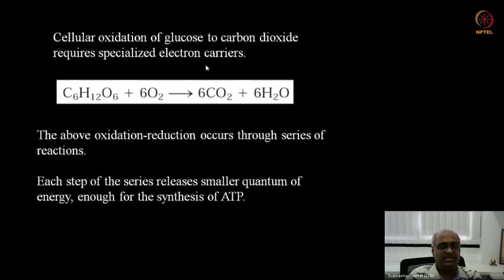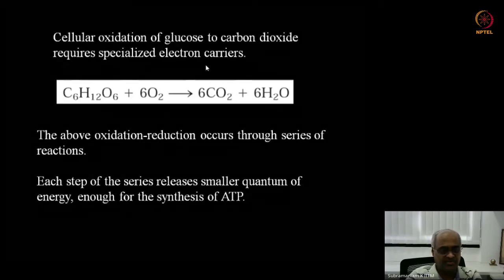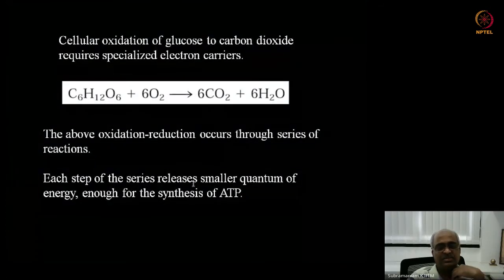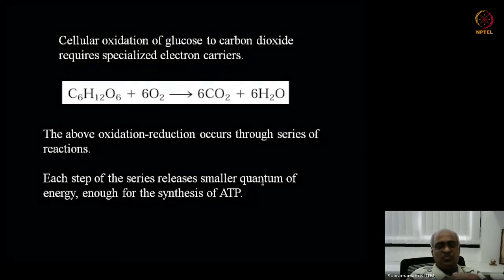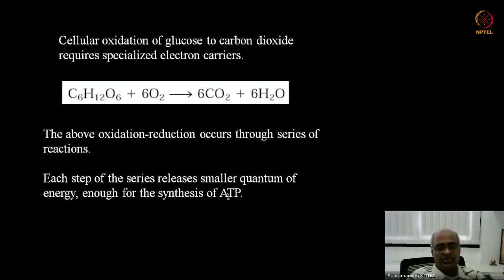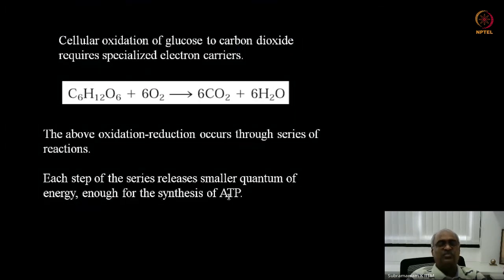So this is a new idea. There are things called electron carriers. Today we will see one example as we go through. The above oxidation, once more I am reiterating, happens through a series of reactions. Each step of the series releases a smaller quantum, and that quantum is sufficient to provide the required energy for ATP formation, plus releasing some into the environment as heat to satisfy the second law of thermodynamics.